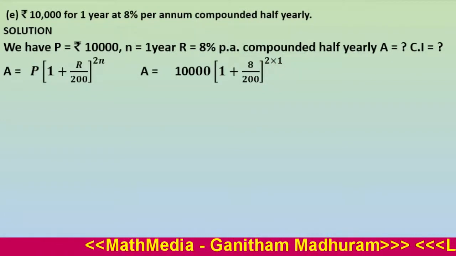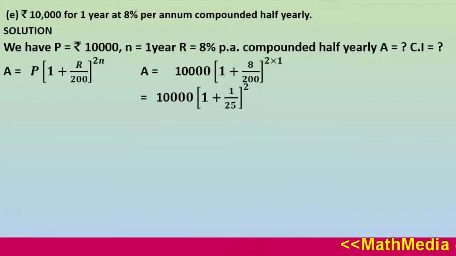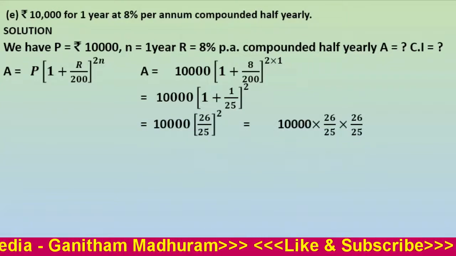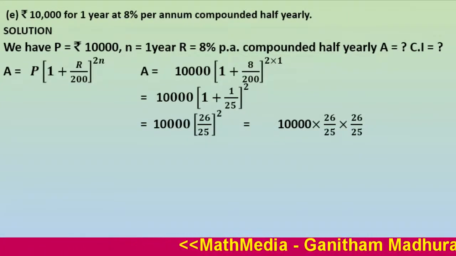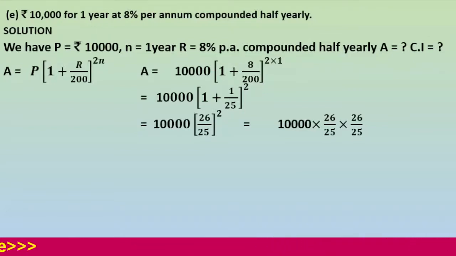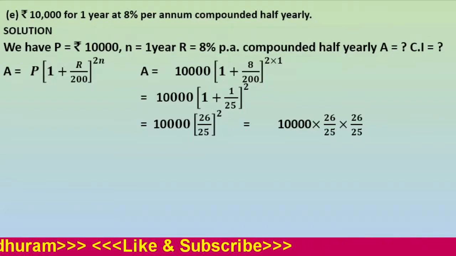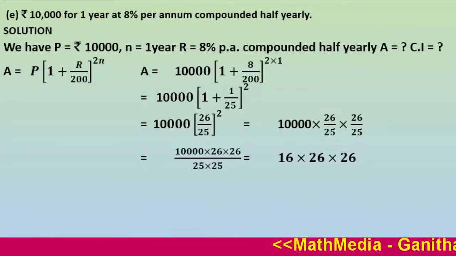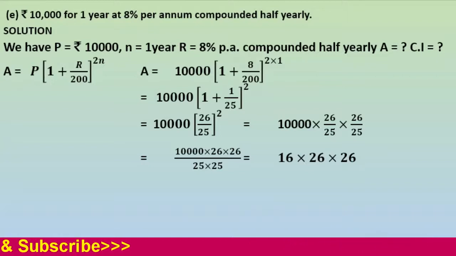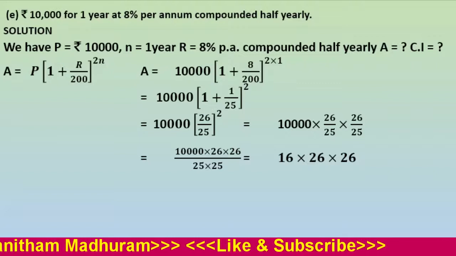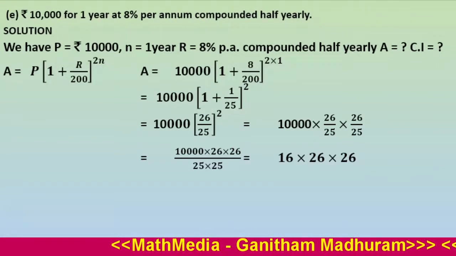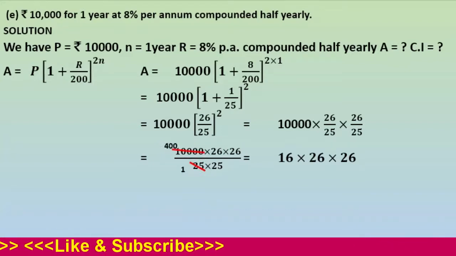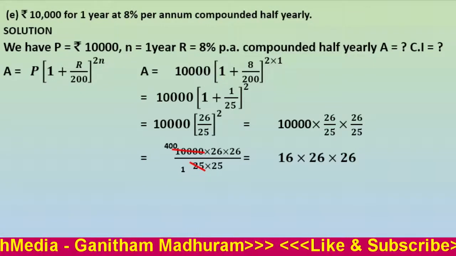So in the next step we can write 10,000 into 26 upon 25 whole square equal to 10,000 into 26 upon 25 into 26 upon 25. Now multiply the numerator and multiply the denominator. So we get 10,000 into 26 into 26 whole divided by 25 into 25. While cancelling 25 and 10,000, we get the numerator as 400 and denominator as 1.